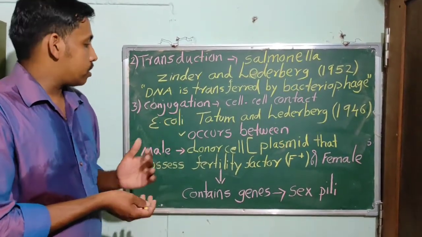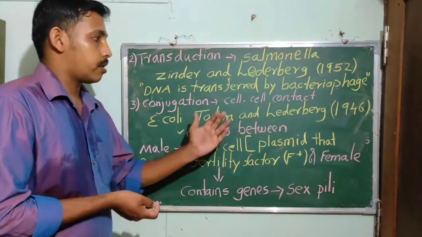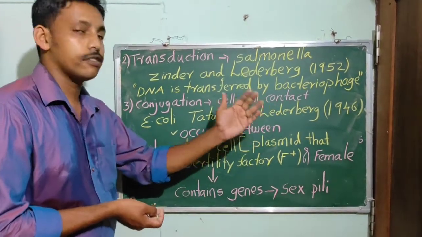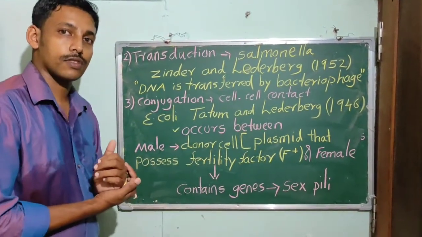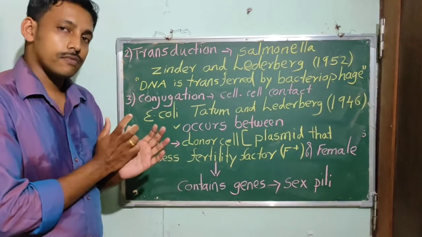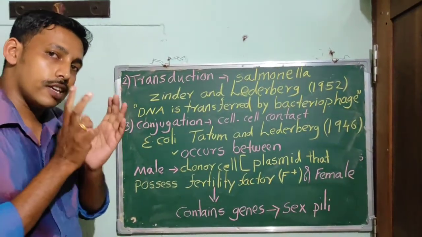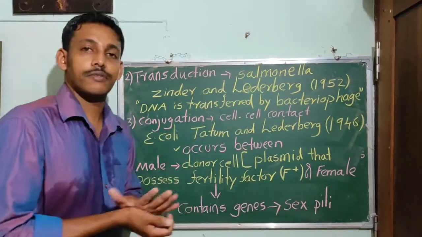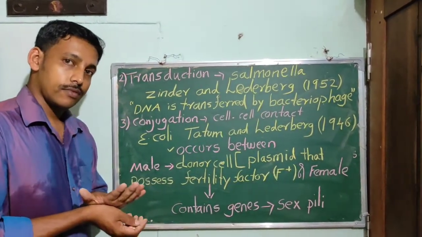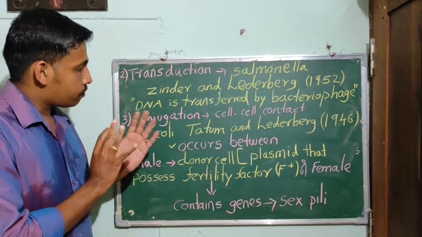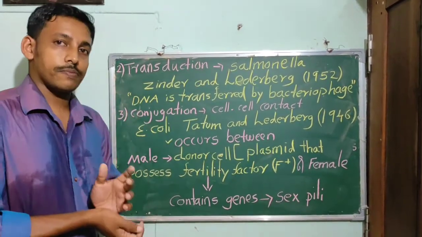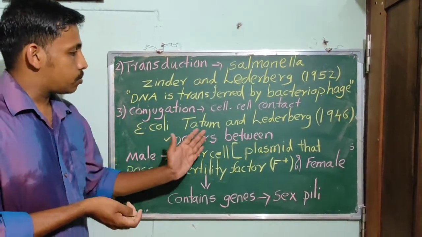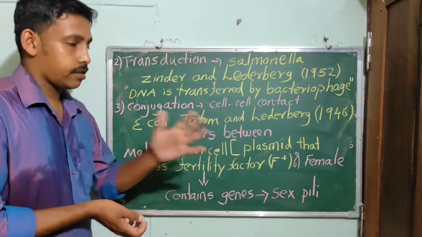It was reported in E. coli by Tatum and Lederberg in 1946. In conjugation, it occurs between a male and a female.